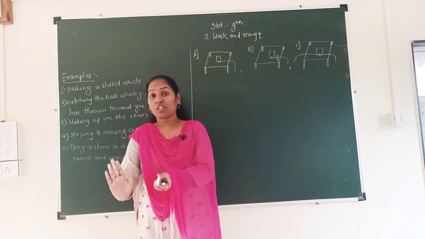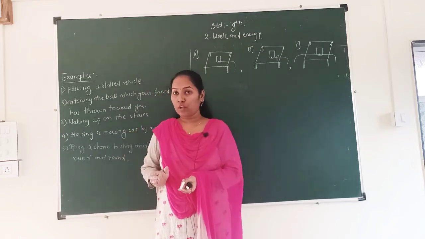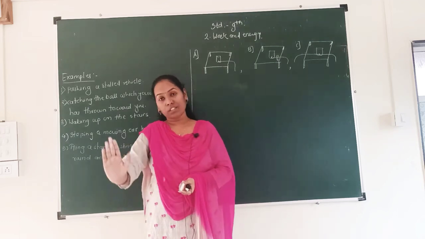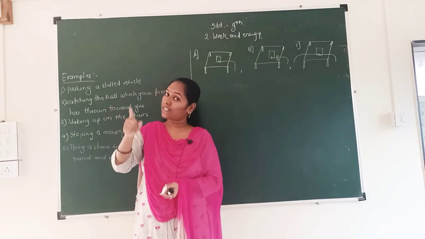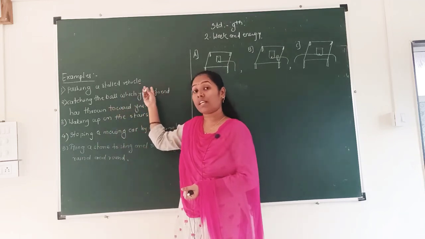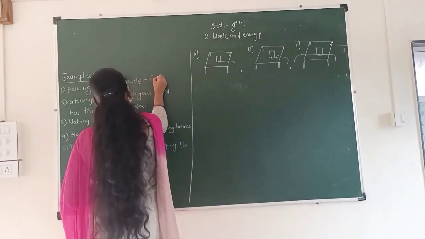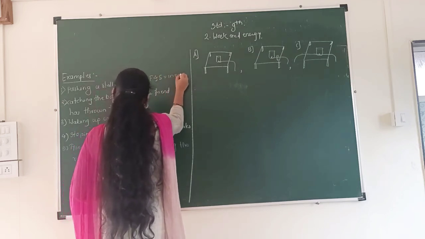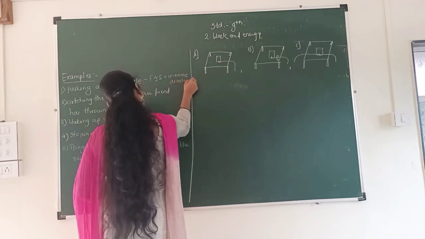When we push that stalled vehicle, the vehicle starts to move, which means the force is applied in one direction and the displacement of that vehicle is in the same direction. I will write here: force and displacement in the same direction.